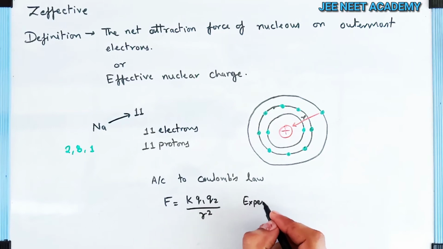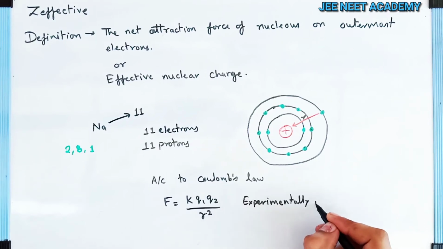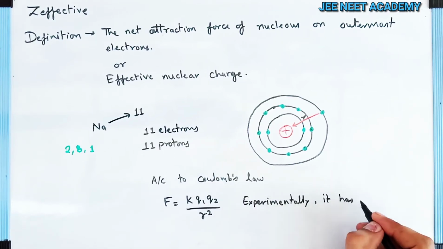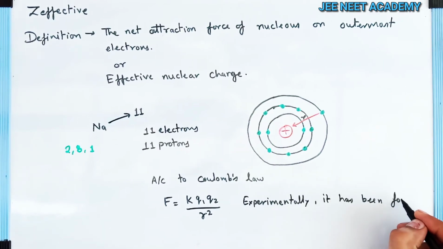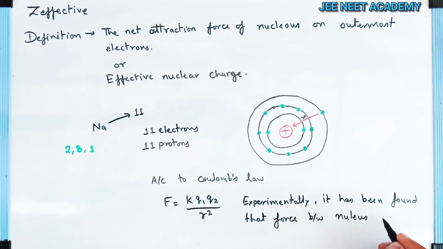Experimentally, it has been found that the force between the nucleus and the outermost electron is less than calculated.